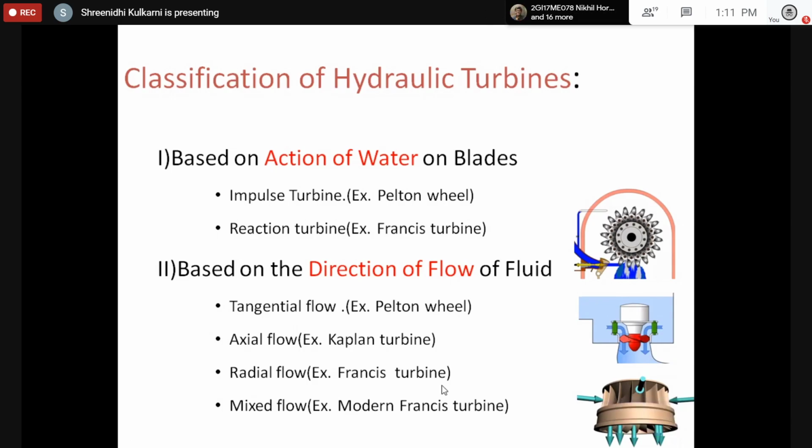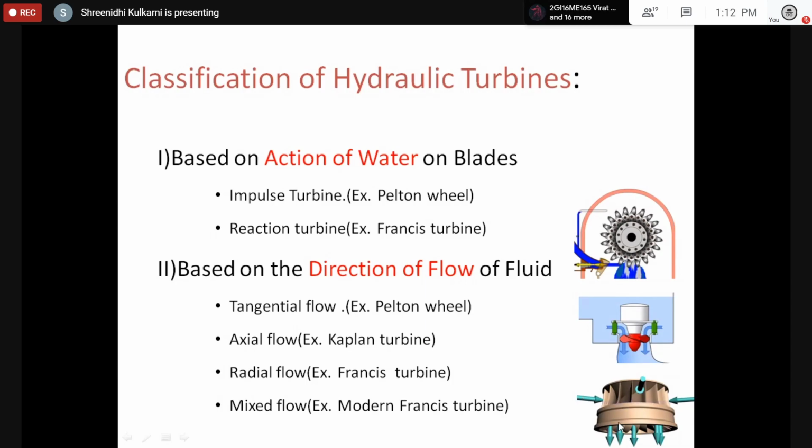So the inlet is radial and the outlet is axial, or vice versa.